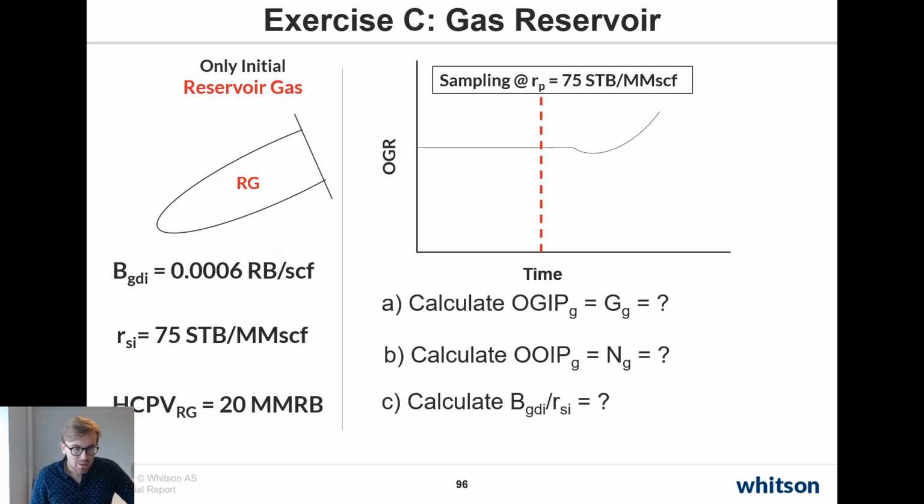The first thing that we need to do is to calculate the original gas in place number, the second thing is to calculate the original oil in place number, and the third thing is to calculate this BGD divided by little rs, which is this geologist's BOI. Okay, so at this point you can pause, try to do the exercise yourself, and when you unpause, I'll walk you through the exercise.